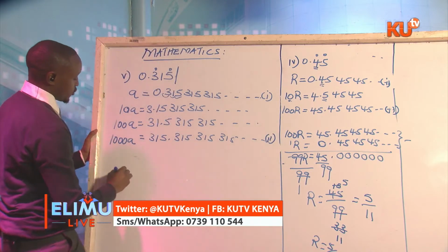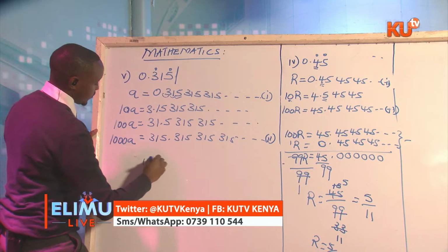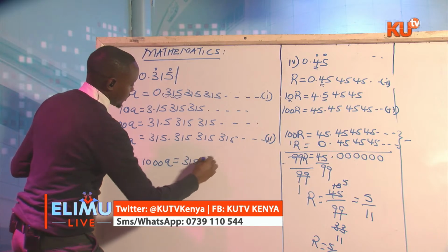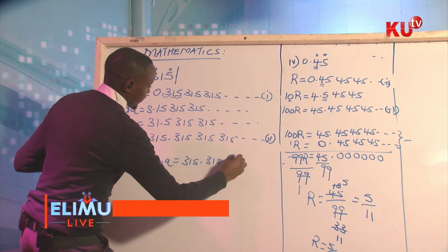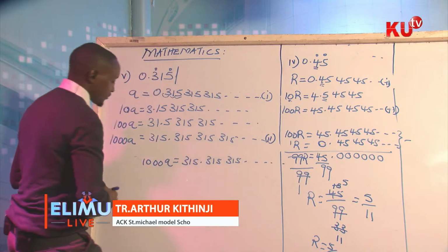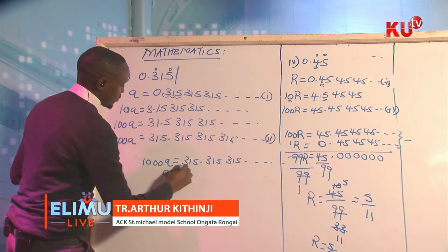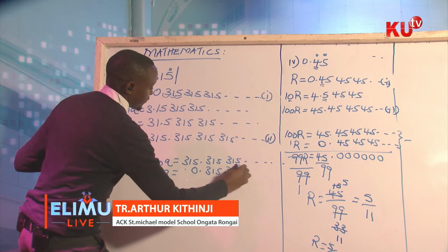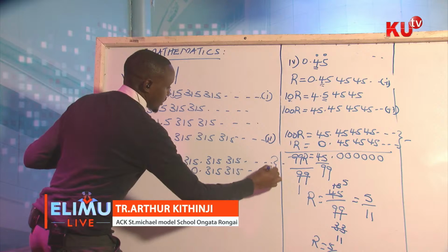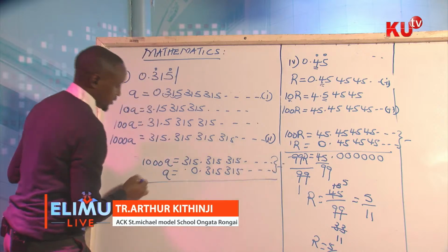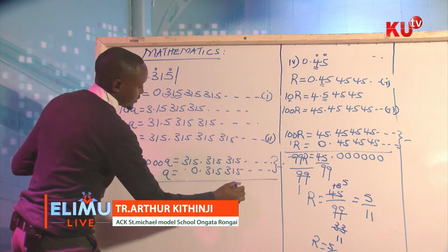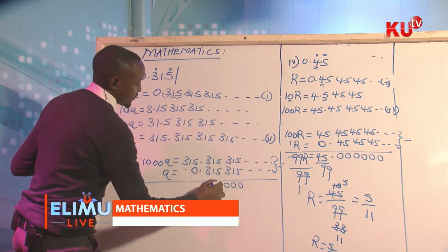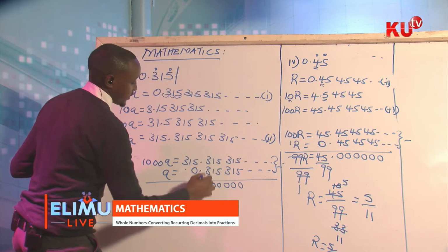So we shall have equation 2 minus equation 1. 1000A will be equal to 315.315315 recurring. Our A was 0.315315 recurring. So when you subtract the two equations, you shall have 5 minus 5 which is 0, 1 minus 1 is 0, 3 minus 3 is 0, 5 minus 5 is 0, 1 minus 1 is 0, 3 minus 3 is 0.